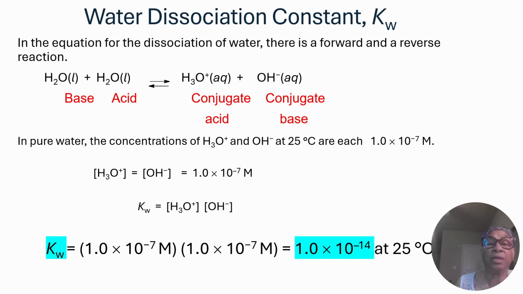Neutral solutions have equal concentrations of hydronium and hydroxide, and they are both equal to 1 × 10 to the negative 7. Acidic solutions have a larger concentration of hydronium than hydroxide. Basic solutions have a larger concentration of hydroxide than hydronium.